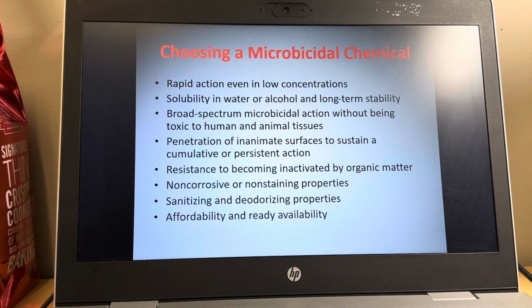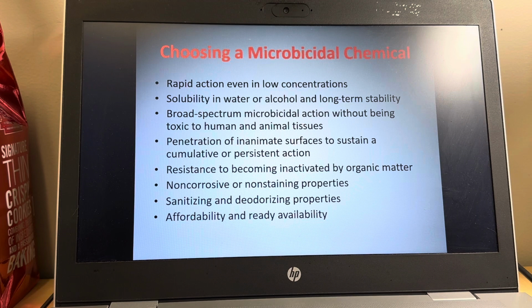You want it to be able to penetrate that inanimate surface to the point where you can actually destroy microbes. If there are things like soap scum and dirt on the floor, you still want it to work. You don't want it to eat away things, so be non-corrosive. You want it to smell good. And probably the biggest thing when we're talking about healthcare is you need to be able to have access to it, and it needs to not cost $1 million.